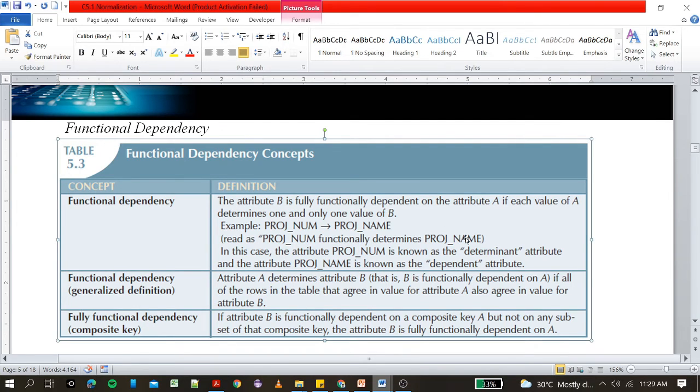And the other one, which is yun yung nakadepende dun sa ating determinant, ang tawag sa kanya ay dependent attribute. Okay? So, in this case, attribute project number is known as the determinant and the attribute project name is known as the dependent attribute. Okay? So, yun yung functional dependency.